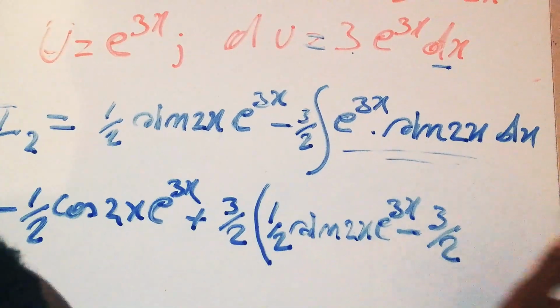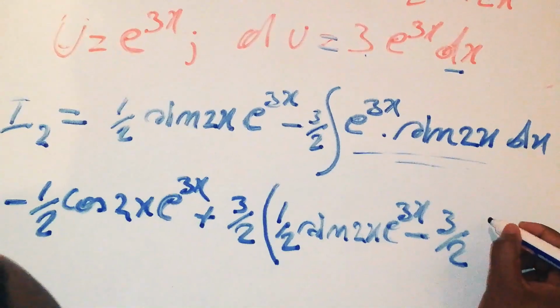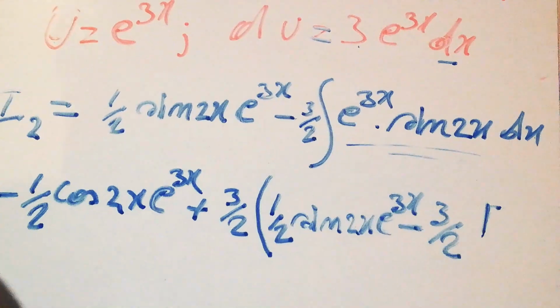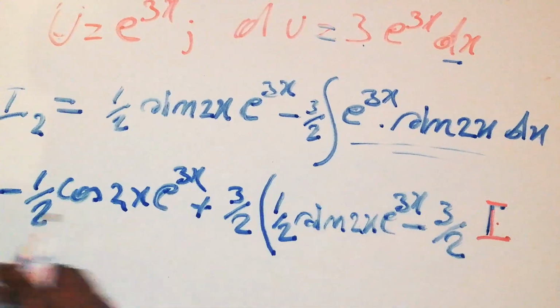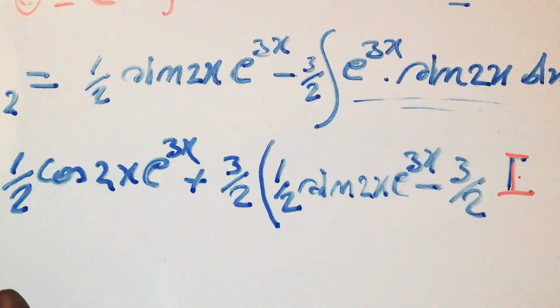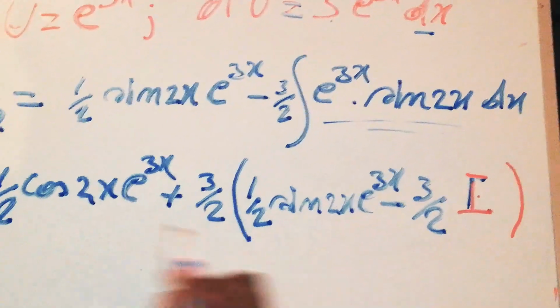Instead of wasting my time, I'm gonna call it the primary integral, I, again, the one that is on the other side of the equal sign. Then I close the bracket.